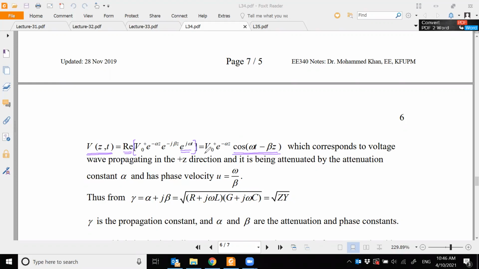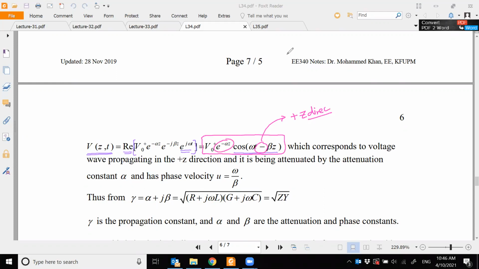And when you look at this answer, it is again clear that it is a traveling sinusoidal wave. And what is its direction? Its direction is the plus z direction, and it is attenuated by this term.